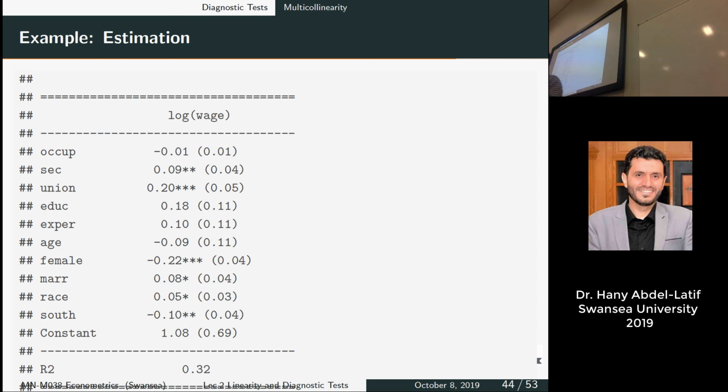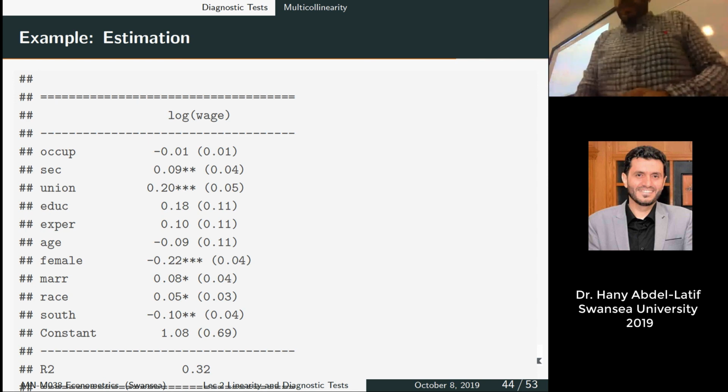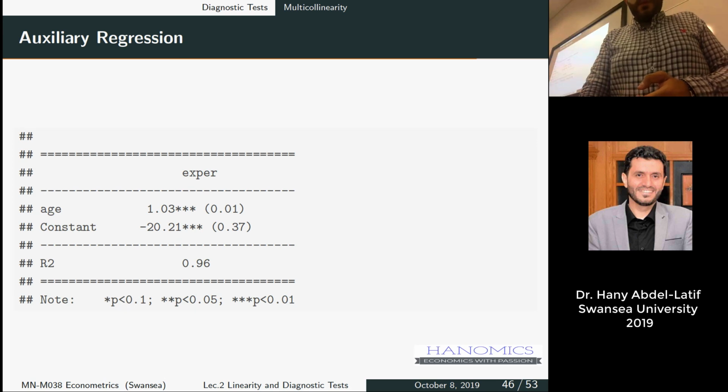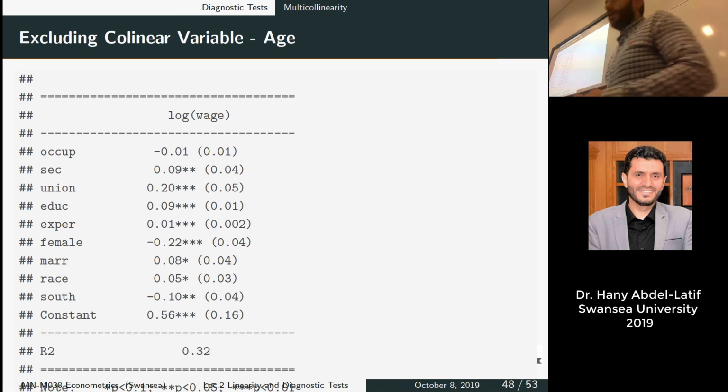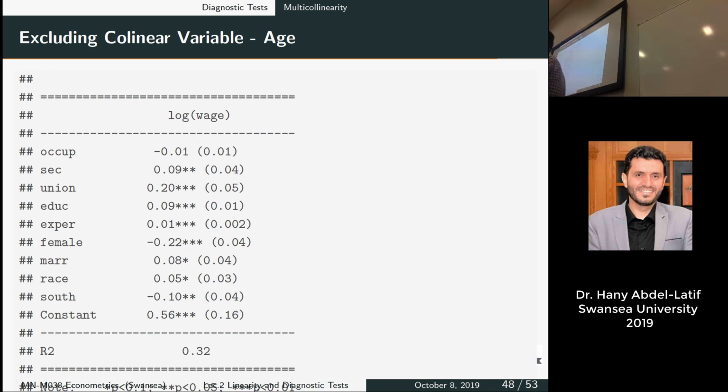So these are all variables that we expect to explain the level of wage, but they're not. The main problem comes from the fact that you have two variables, age and experience, that are collinear. So I estimated the model without age, and then I thought, well, let's see how the model will behave if we drop experience instead.